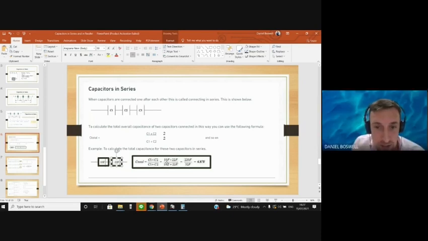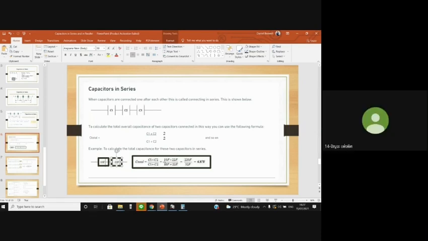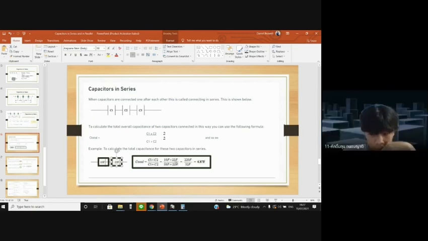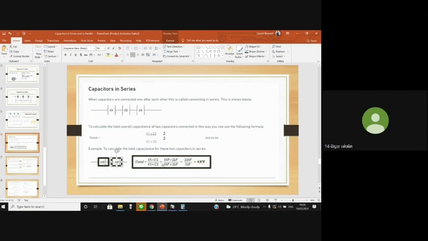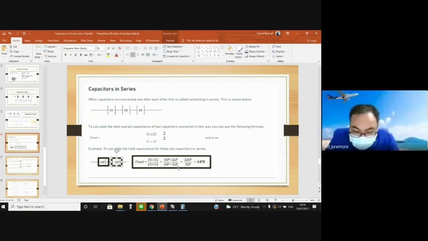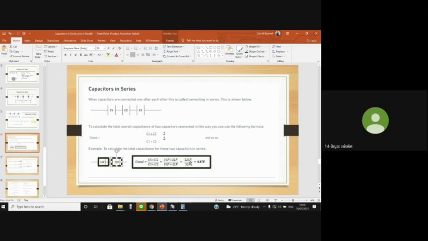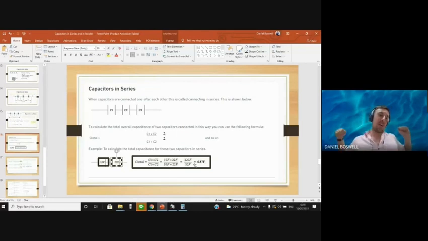And then the straight line, divided by 10 farad plus 22 farad, okay? Equals 220 farad divided by 32 farad, equals 6.87 farad. Nice, good job. Well done. Perfect. Good, good, good. Nice.